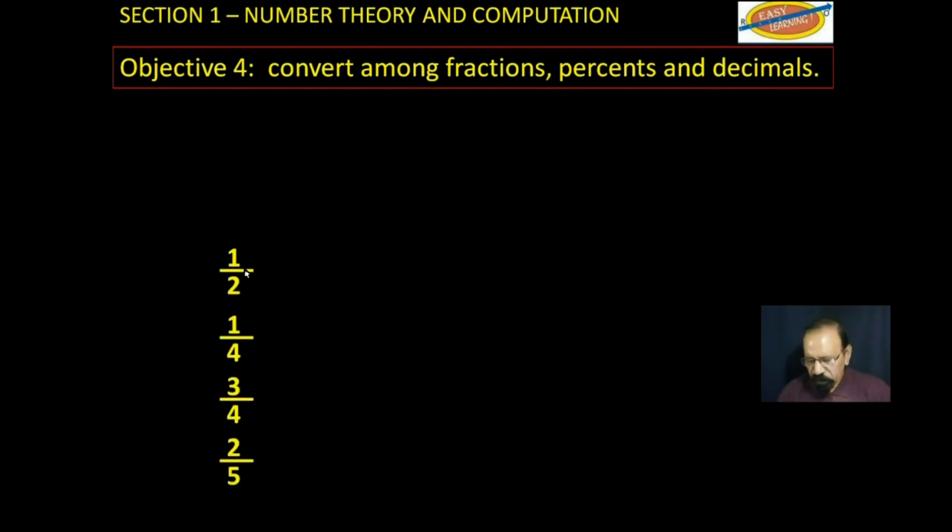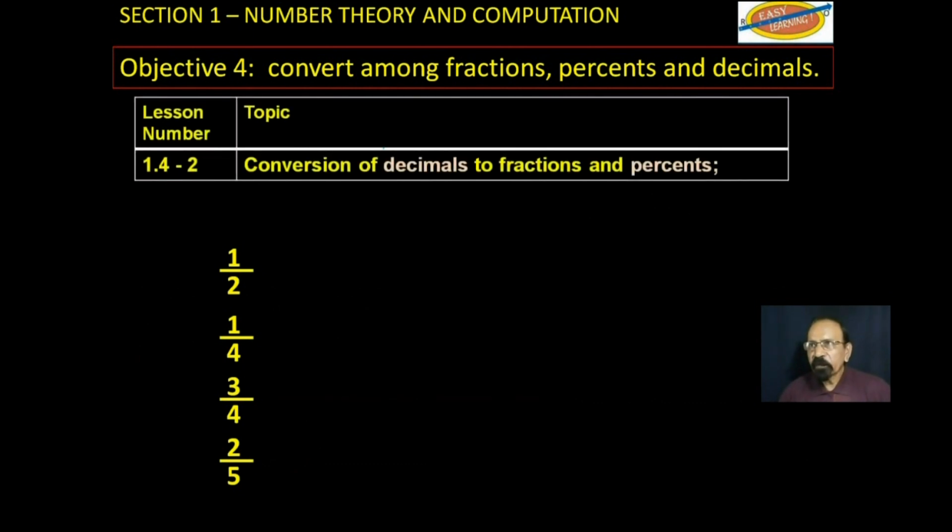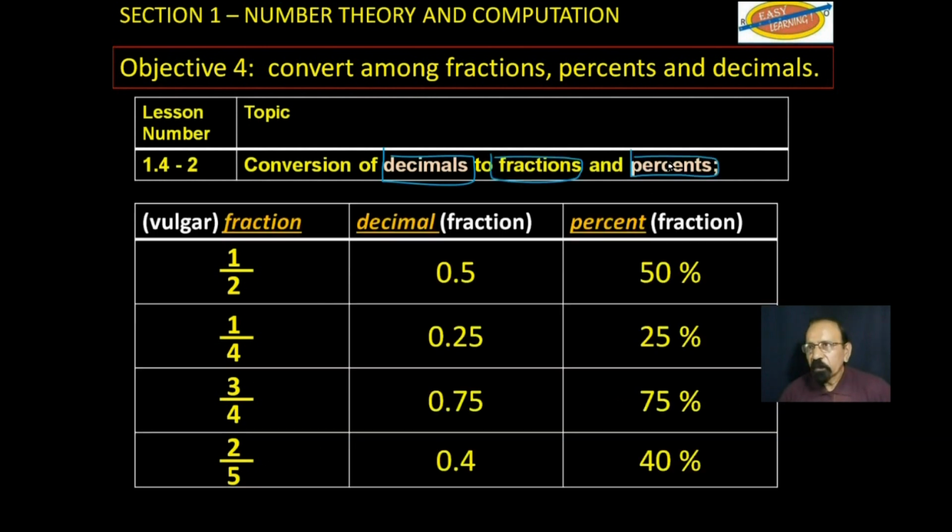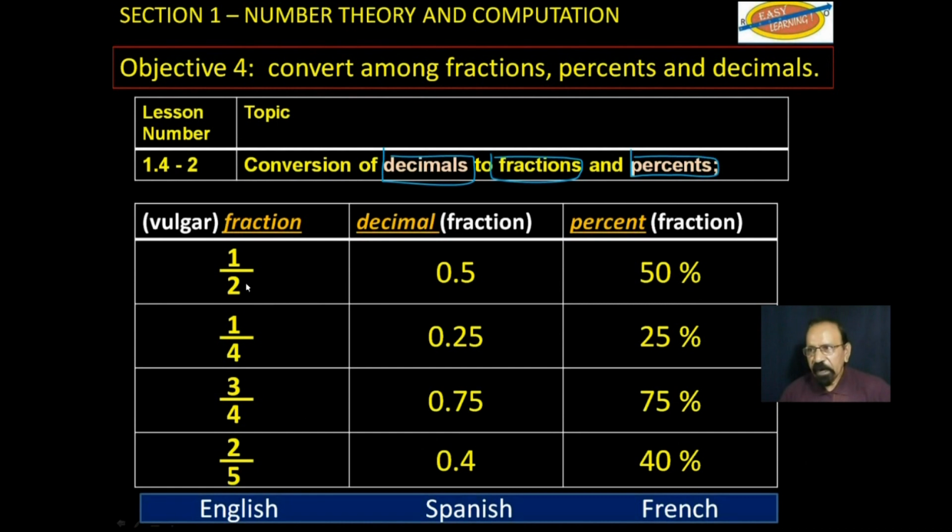Consider these fractions again. You have seen that in the last video. But now we are going from decimals to percent. You already know that these are equivalent. And as I explained, you could think of the fractions as English, maybe the decimals as Spanish, and the percent as French.